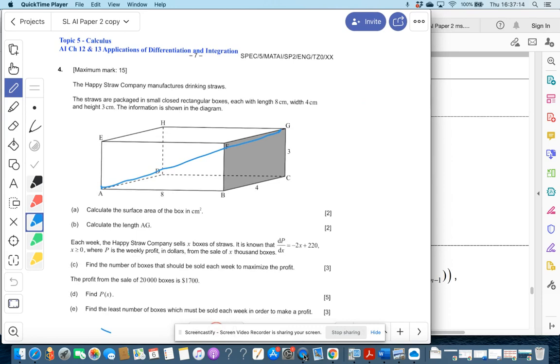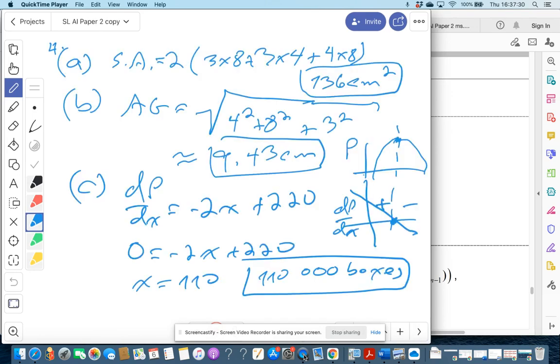Now find the least number of boxes that must be sold each week in order to make a profit. So basically we're breaking even, making zero profit, and anything more than that, as we showed in our diagram before, is a frowny face parabola.